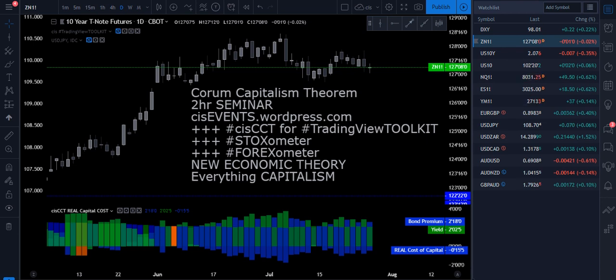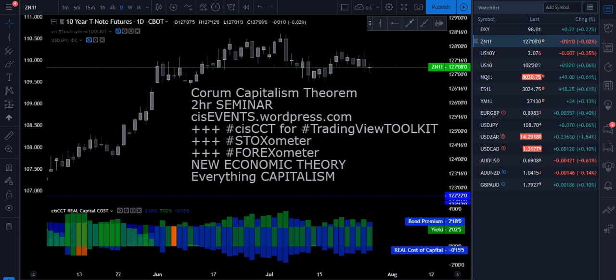At the very end, I will go over the CIS GG Pro Metrics algorithm from Thinkorswim Toolkit and the QMA ICE market mean analysis and those signals as it relates to Quorum's Capitalism Theorem and the real capital cost. At the bottom of this chart, you will see CIS CCT real capital cost, a new indicator for the TradingView.com platform.